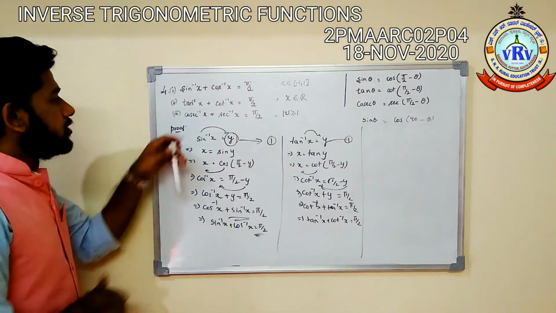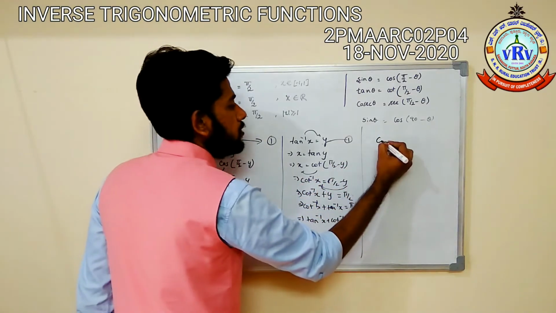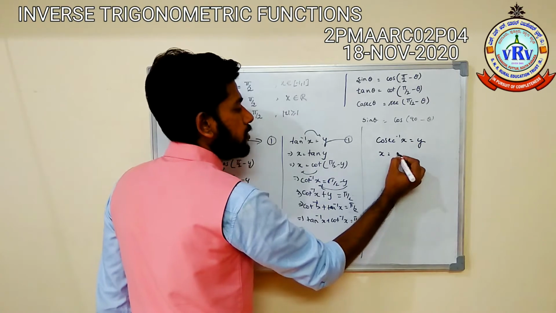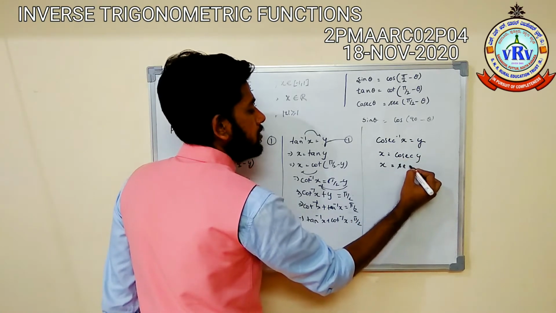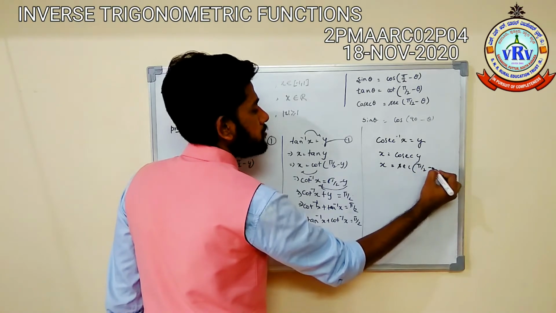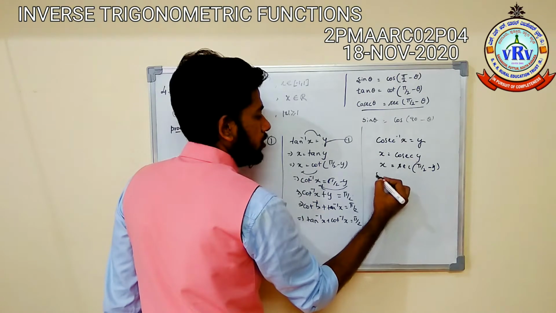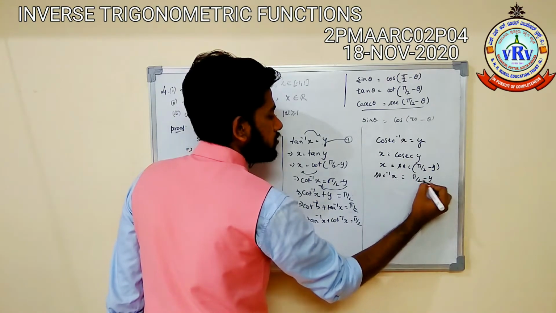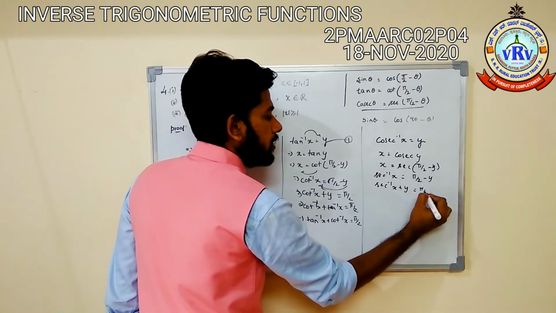Similarly, for cosecant inverse of x plus secant inverse of x, I will take cosecant inverse of x as y, and therefore x is equal to cosecant y. I can replace cosecant with the secant function. It becomes secant of pi by 2 minus y, so secant inverse of x is equal to pi by 2 minus y, or secant inverse of x plus y is equal to pi by 2.